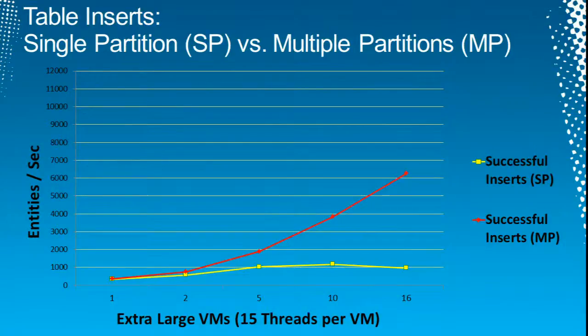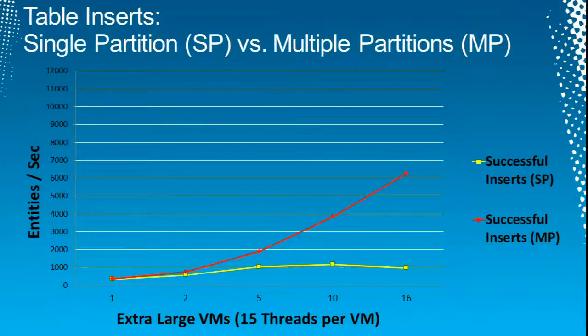We spoke about scalability targets. We did our own scalability targets, and I've just published the table one here. I wanted to compare and drive home the point of why multiple partitions are good. So I'm comparing single partition, single entity inserts versus multiple partitions.